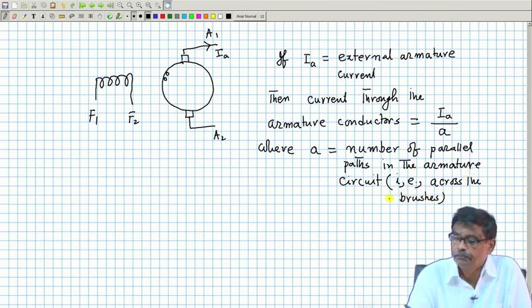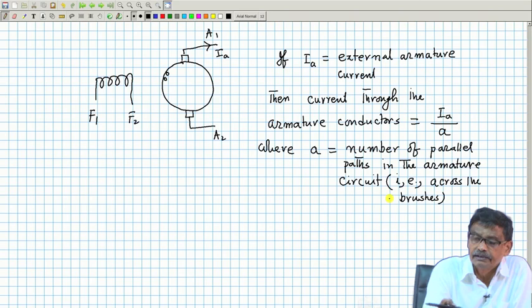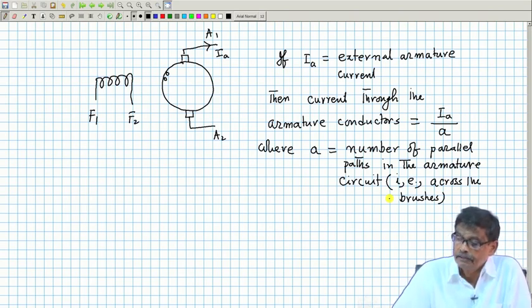Mind you, it is important to note that this external current and the armature conductor currents are not the same.